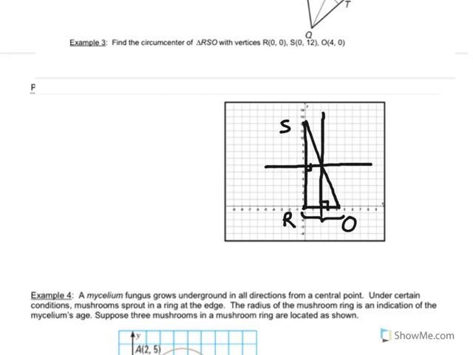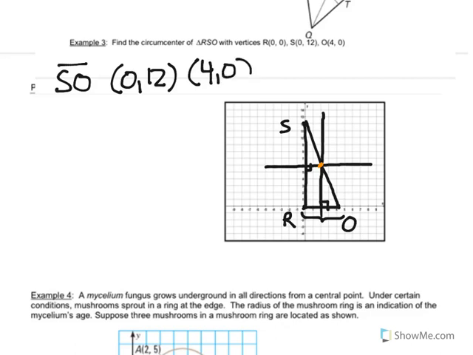Now, the more difficult one is going to be the hypotenuse, and you can already see where the lines are going to intersect is right here at 2, 6. But just so that you can see how that all works out, SO is at 0, 12, and 4, 0, right? 0, 12, and 4, 0.